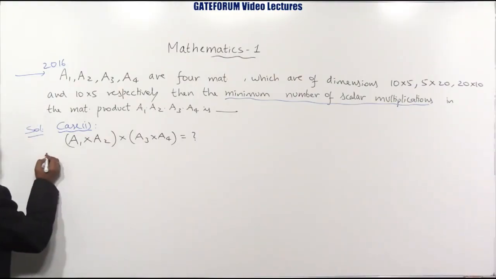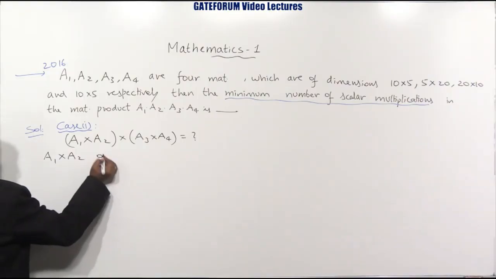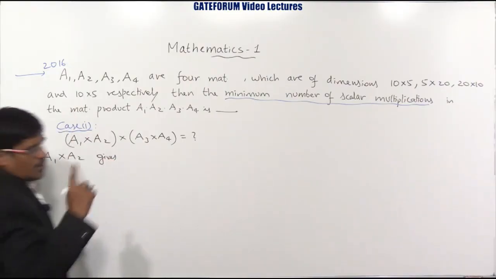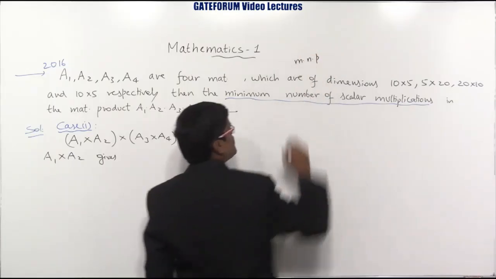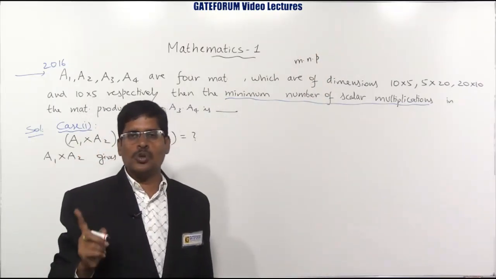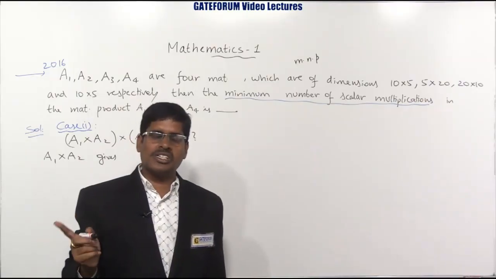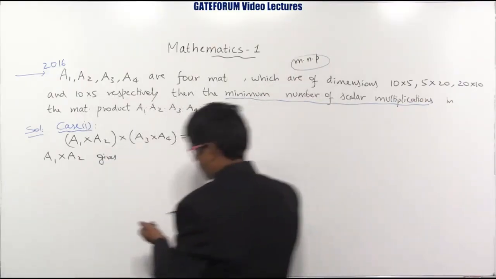Please remember that order I told you: M into N into P. A1 is M into N, A2 is N into P. Then the number of scalar multiplications for A1 into A2 is M into N into P. Please remember this formula.